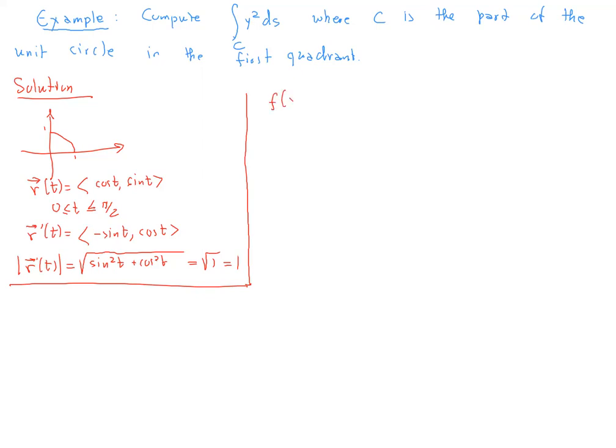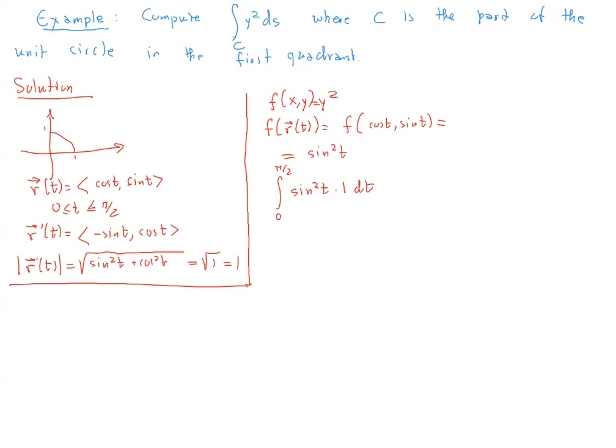Our integrand is y squared, and f of r of t will be f of cosine t comma sine t, which is equal to, again, there's no explicit occurrence of x, so there's nothing to put there, but there is an occurrence of y, so this becomes sine square of t. So let's put the whole integral together now. So we have integral from 0 to pi over 2 sine square of t times 1 dt.